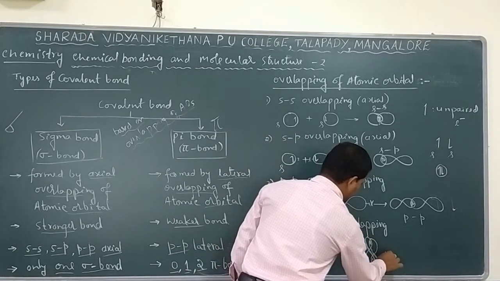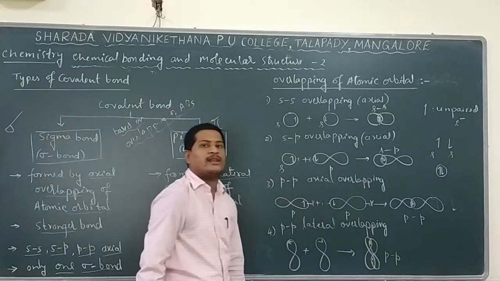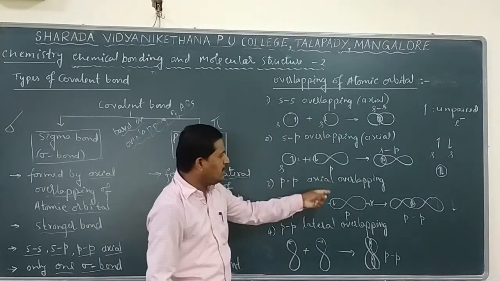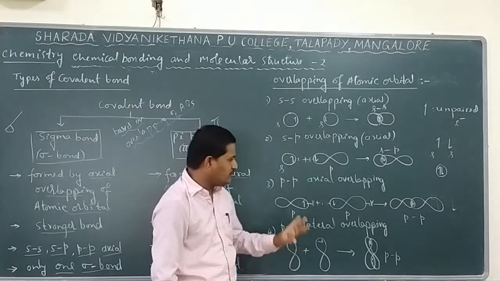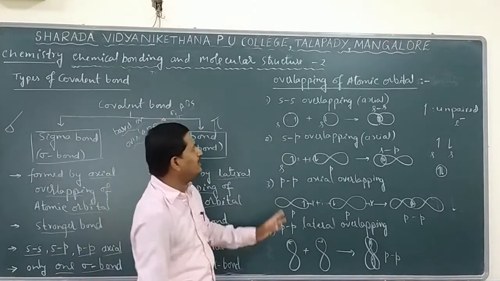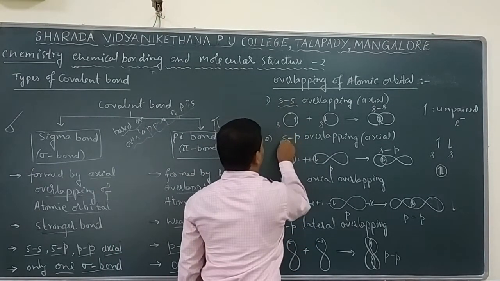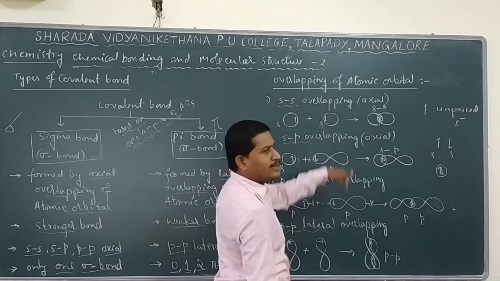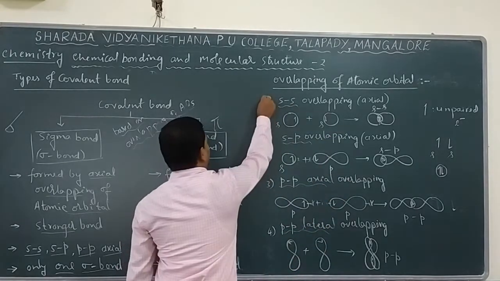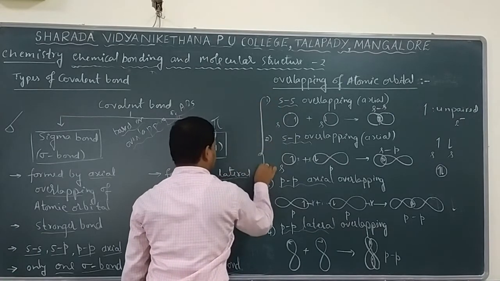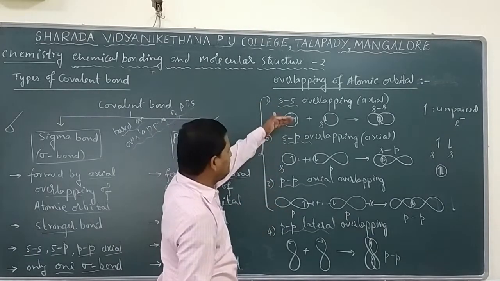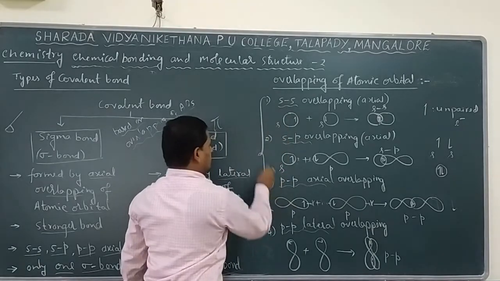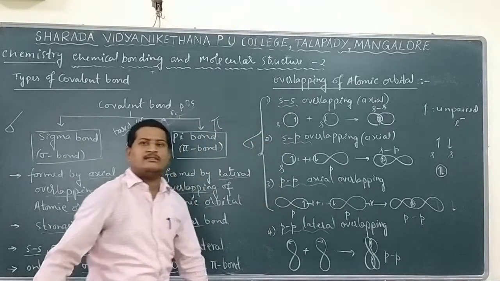So this shows p lateral overlap. The above three are axial overlaps, but the last one is the lateral overlap. Like that, overlapping of atomic orbitals takes place. Wherever axial overlaps are there, in the first, second, as well as third case, there is an axial overlap, and in all three cases there is formation of a sigma bond.